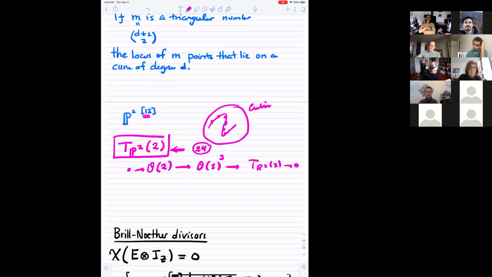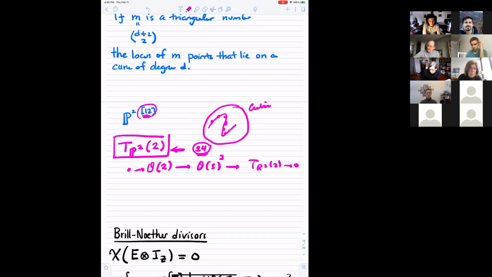Now you see this is a rank 2 bundle. So to say that a section vanishes should be 2 conditions at a point, because this is a 2-dimensional vector space, and to say you make it 0, it should be 2 conditions. And there are 24 sections. Typically, if you have 12 points, you would think that a section that vanishes at those 12 points should just be 0.